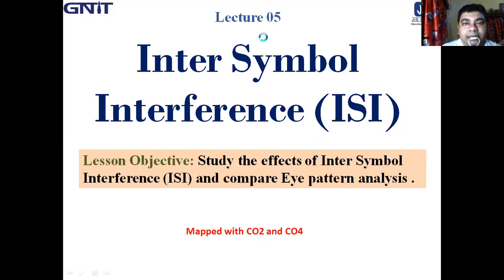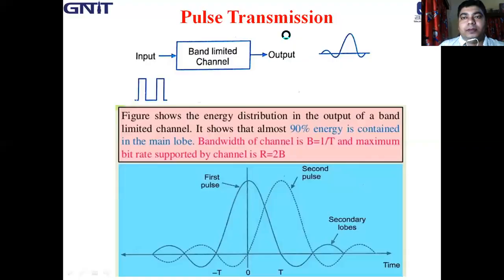So let us start lecture number 5 of inter-symbol interference. Before moving to the discussion of what is ISI and why ISI can occur, let us start the discussion of pulse transmission, how a pulse is transmitted in a band limited channel.